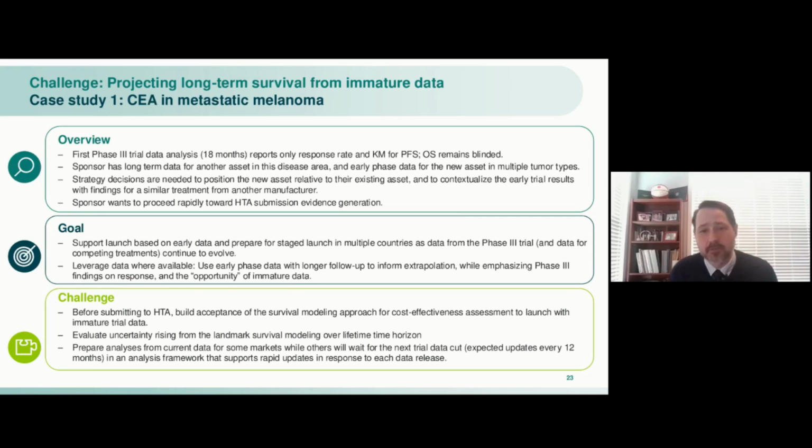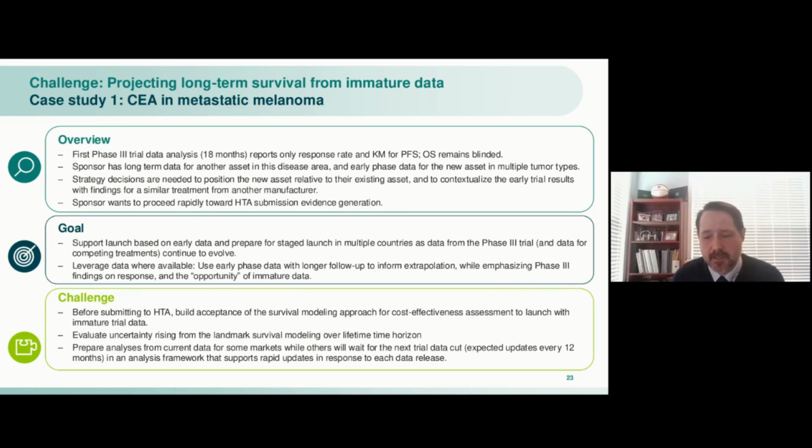The goal, as I said, was mostly around preparing for some of these strategic questions, preparing for HTA and regulatory submissions across multiple countries based on this early phase 3 data, as well as being prepared for when some of the later data analyses were available out of this phase 3 study, and how we emphasize these phase 3 results in the context of our earlier phase data.